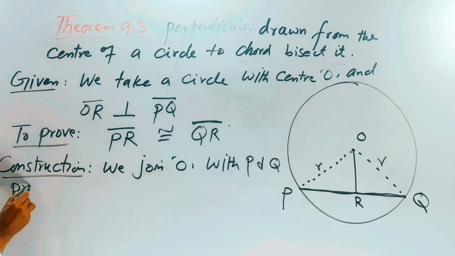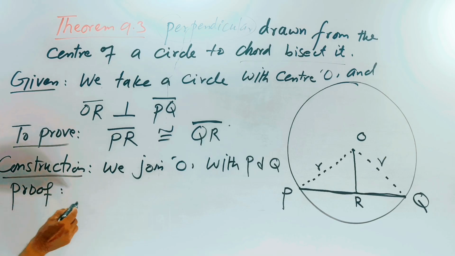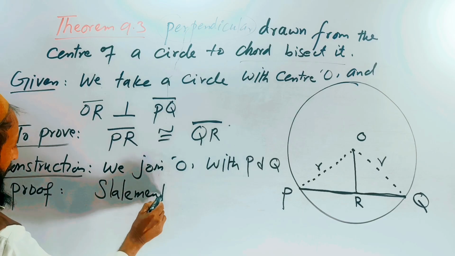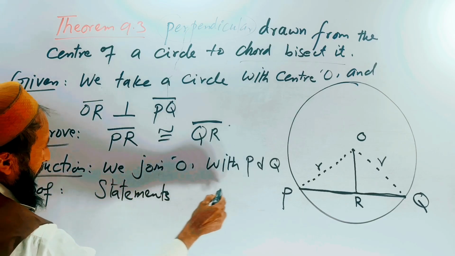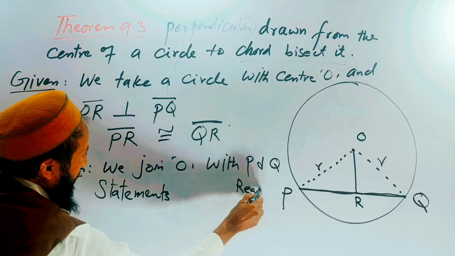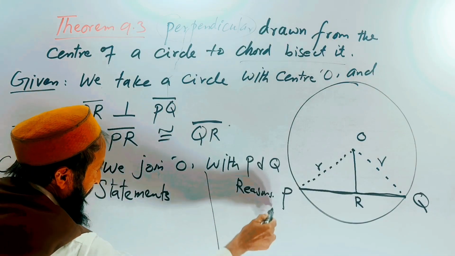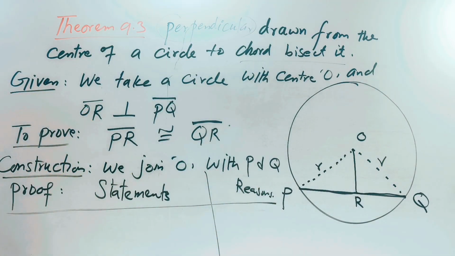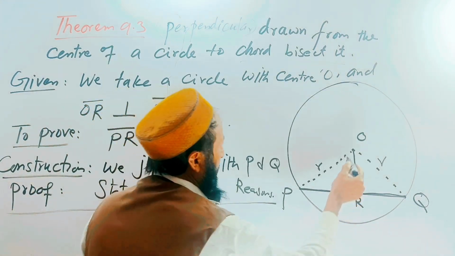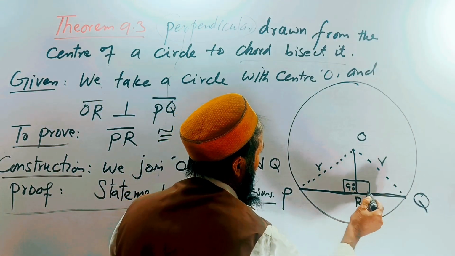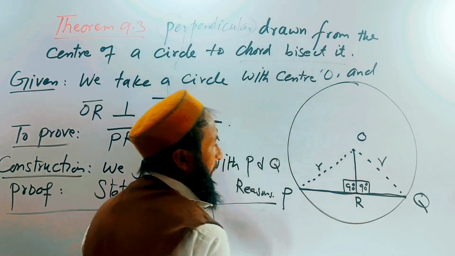Proof. Statements and reasons. There are two triangles we get. One of them has OR, where this is a 90-degree right angle, and similarly this one is also a right angle.